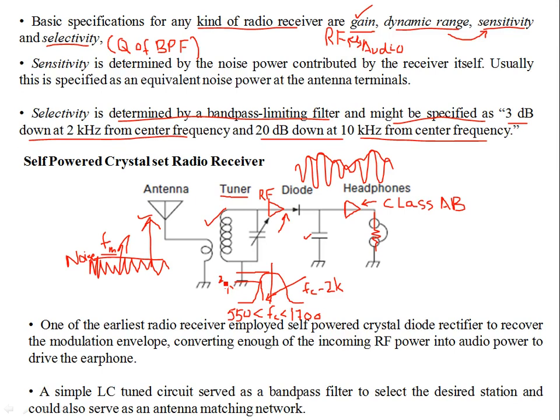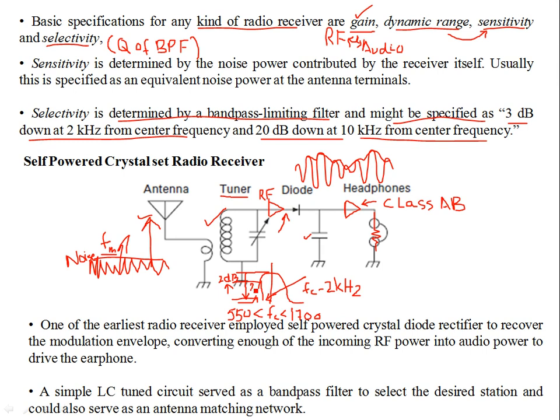So for those undesired frequencies at a difference of 2 kHz from your center frequency, the response goes down by 2 dB, you have 2 dB of attenuation. If you are even farther, let's say at 20 kHz, this could be from here to here, 20 dB, let's say.